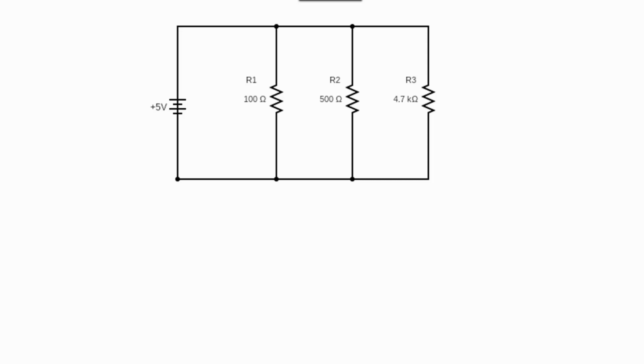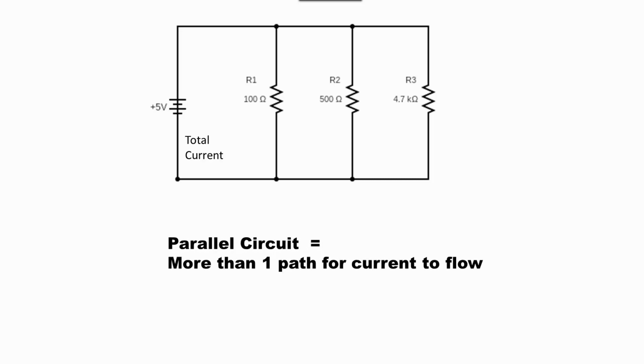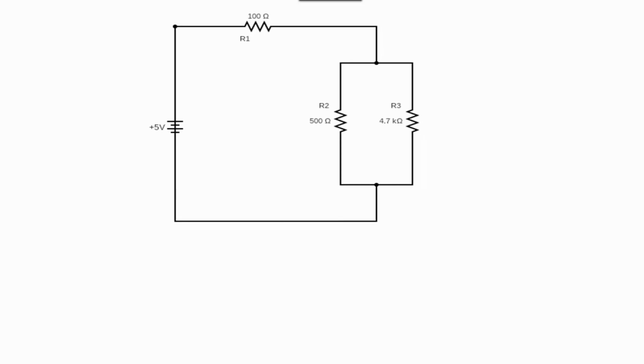In a parallel circuit, there is more than one path for current to flow. In terms of current flow, the only other type of circuit there is called a series parallel, which is nothing more than a combination of the two.